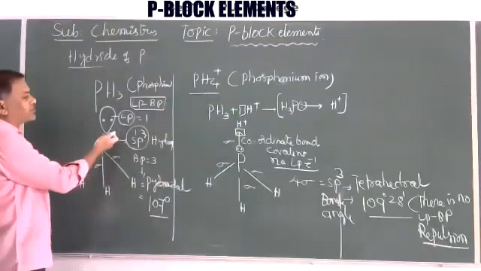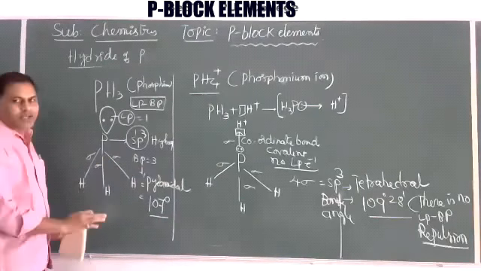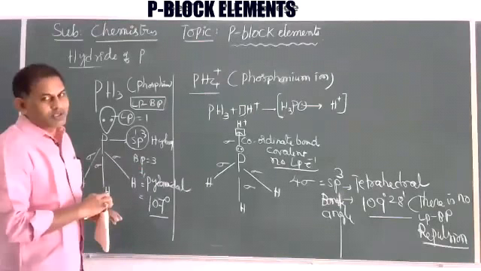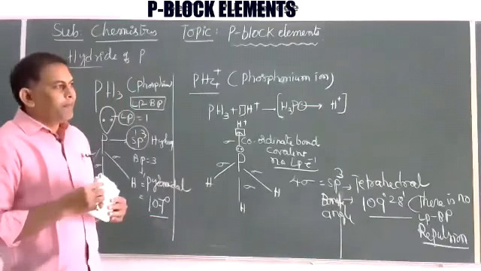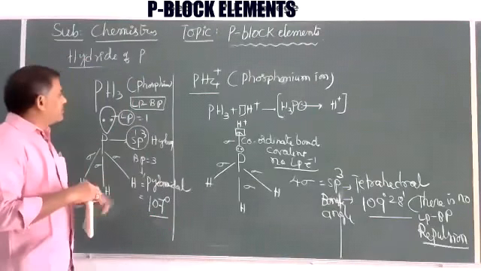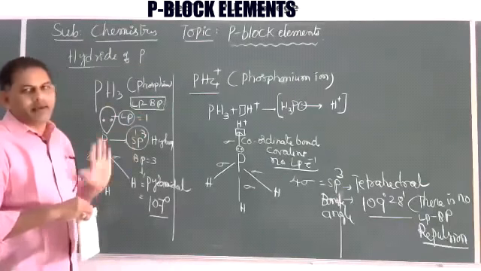Whereas in the case of phosphine, its bond angle is reduced from 109 to 107. That's why questions are asked on this: why is the bond angle of phosphorus and hydrogen in phosphine less than in the phosphonium ion?